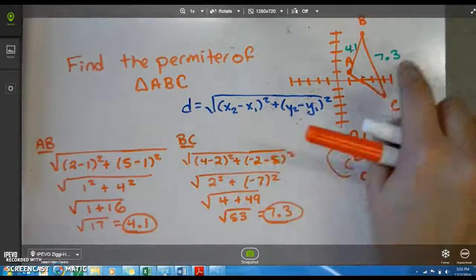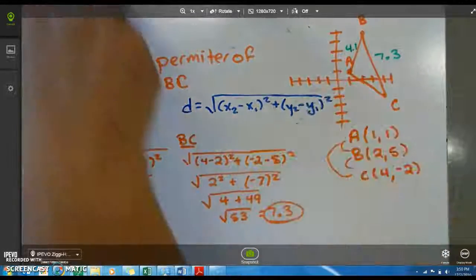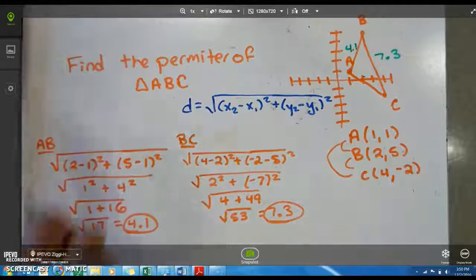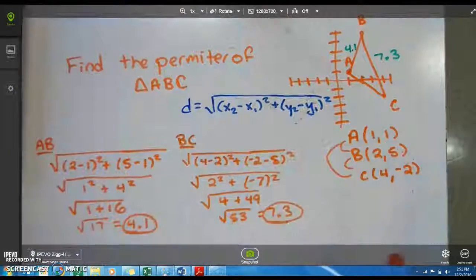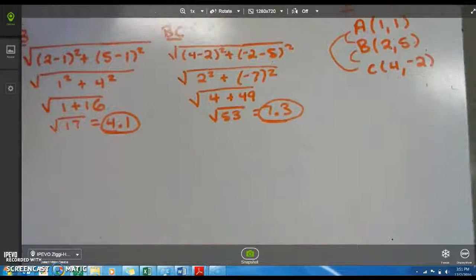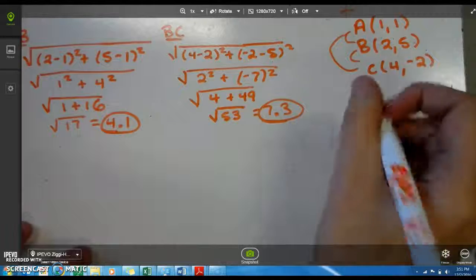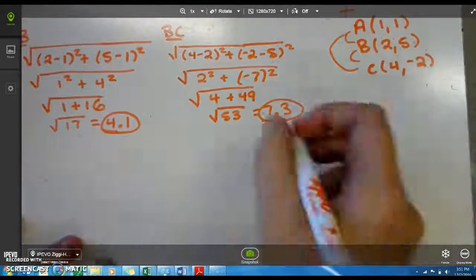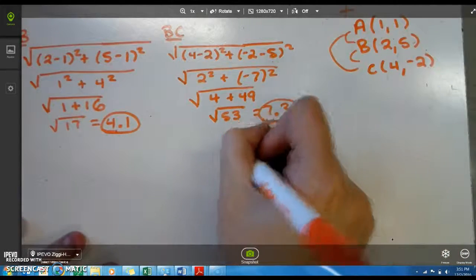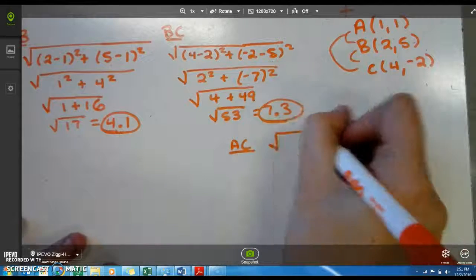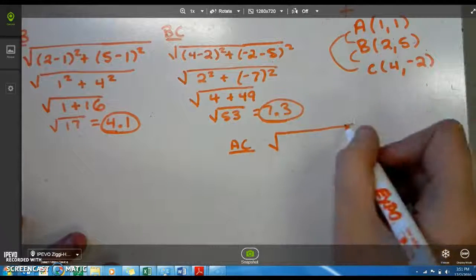Now, if I had gotten a smaller number here than here, I should have known that I was wrong, right? Move this down so we can see the next one. I'm going to do AC, right? Because I have to go back around. Or CA, either way works.